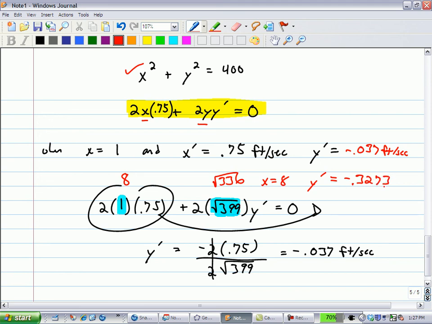Anybody else come up with that? I said when x was 8, negative 0.3273. Alex, did you guys get that second one? Did you get a different answer? You just didn't come up with it.